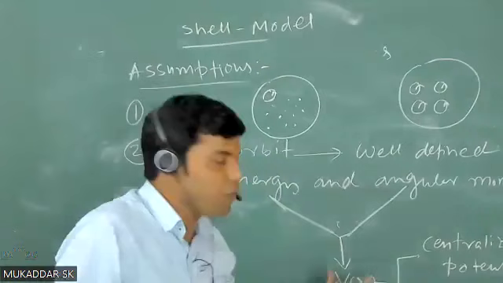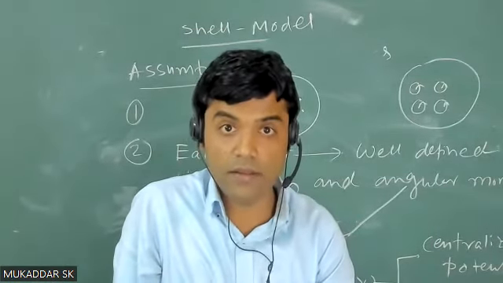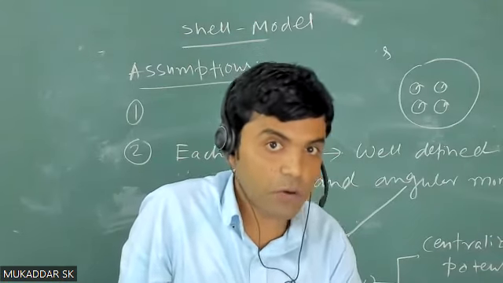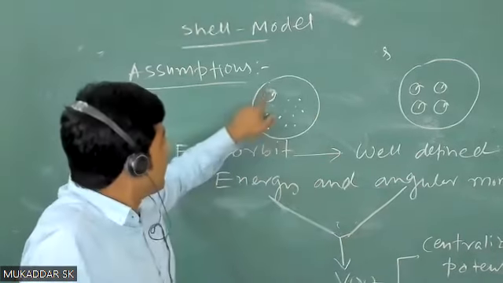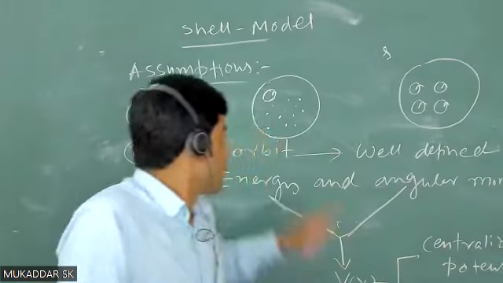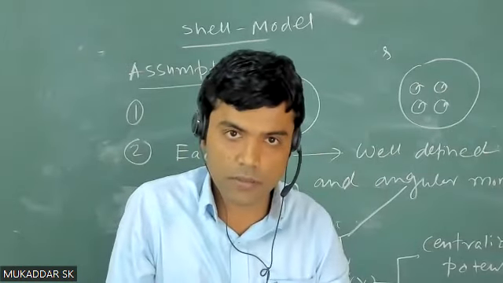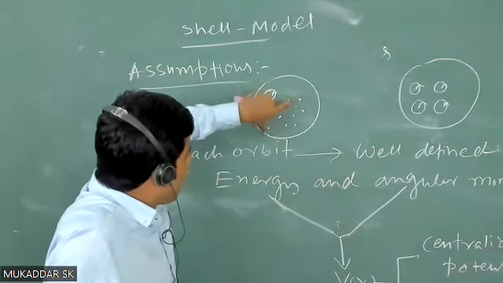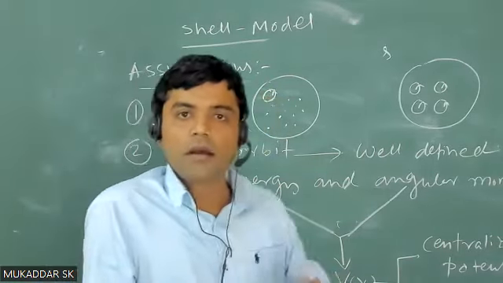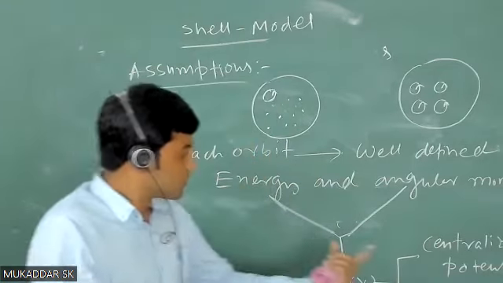So V(r), we don't know the form of V(r) actually. It's an interesting thing, please keep in mind. There is some potential due to the average potential effect. Let me finish, then you will ask me. If you are taking nuclear interaction, that will be a non-central potential. When you are taking the average potential of all other nucleons for a particular nucleon, that will be a central potential.